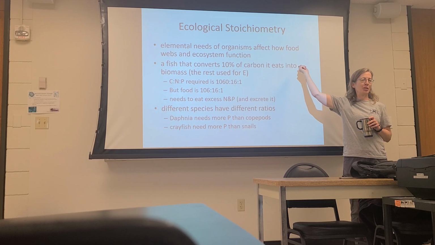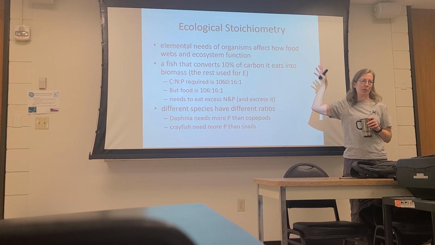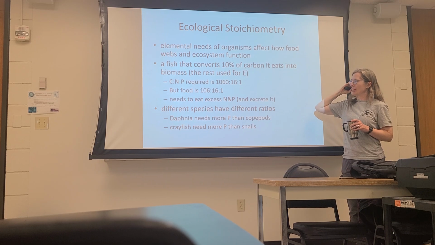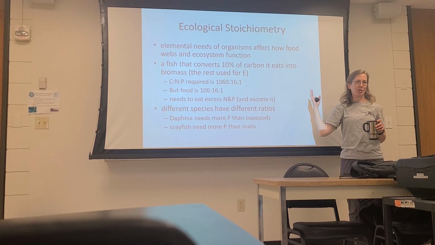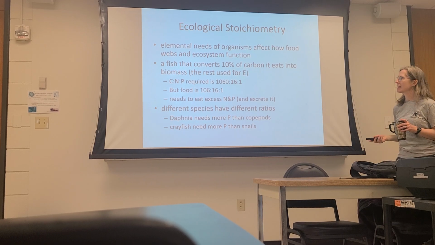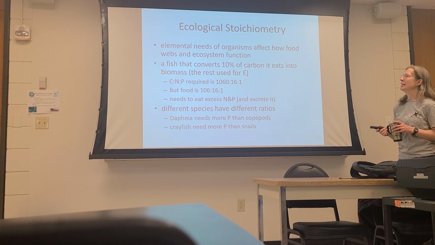So you've done stoichiometry in chemistry class where you're balancing equations, right? So it's kind of like that, but we're not really looking at chemical reactions. We're just looking at ratios of elements in various organisms.